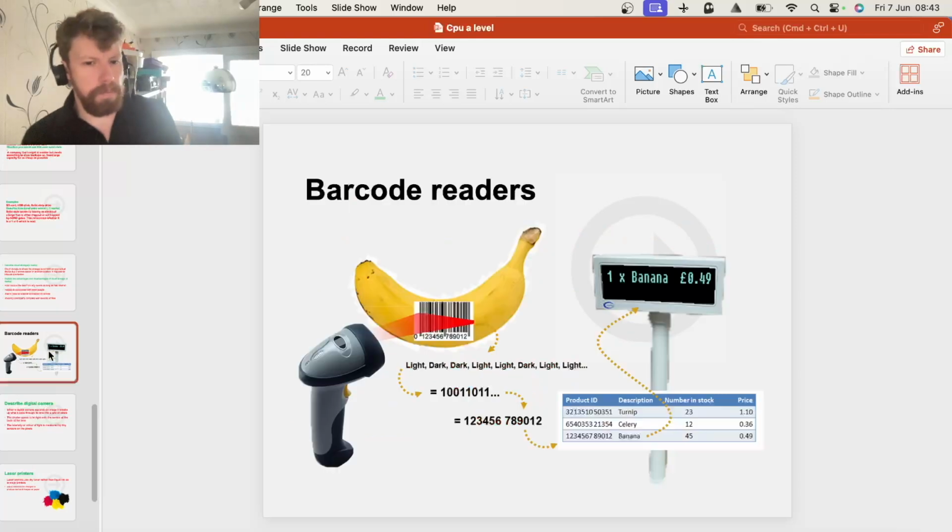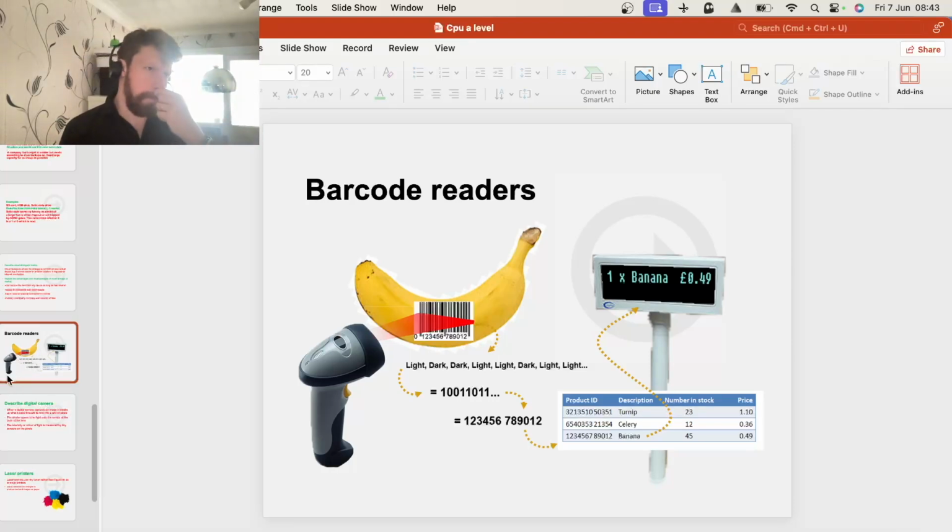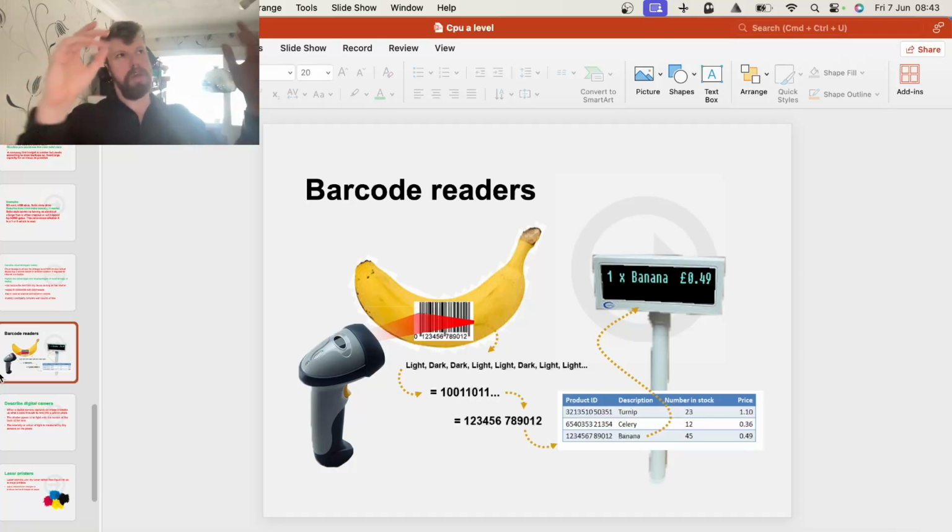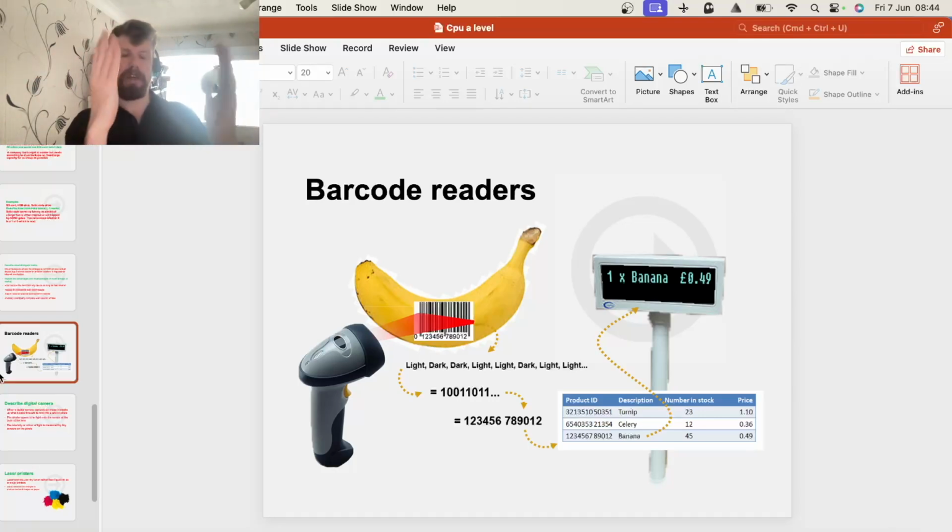A couple of little input and output devices. I was having a quick look at the ones which I thought were maybe not so obvious. Barcode readers: the way it works is it reads the thickness of the lines. You've got guard bars, which are almost like the quotation marks when you're writing a print statement in Python. It's like saying this is the area you're going to look at.